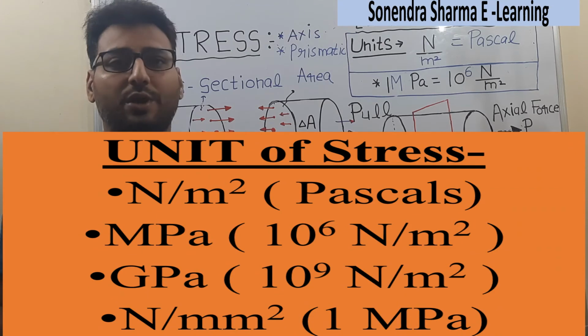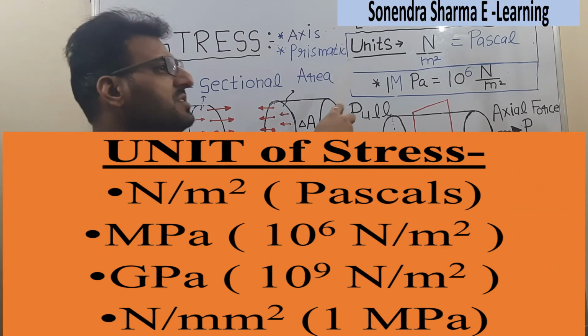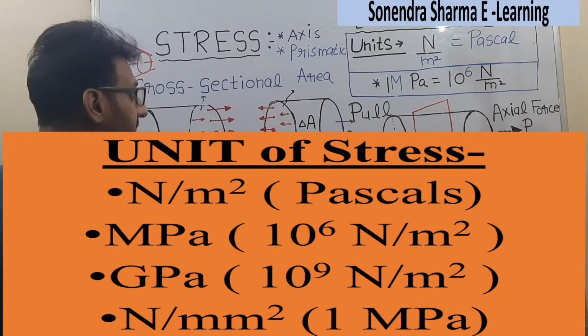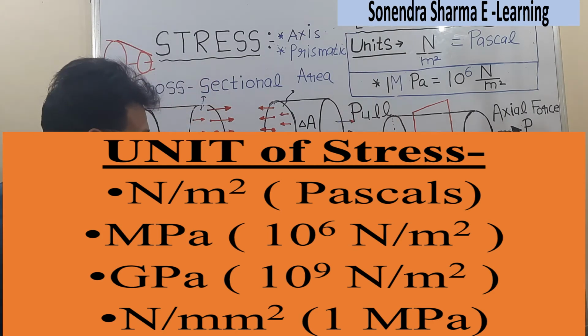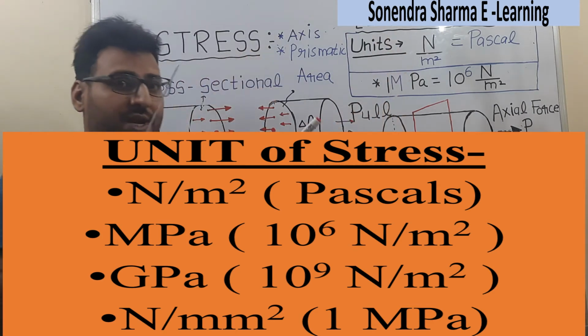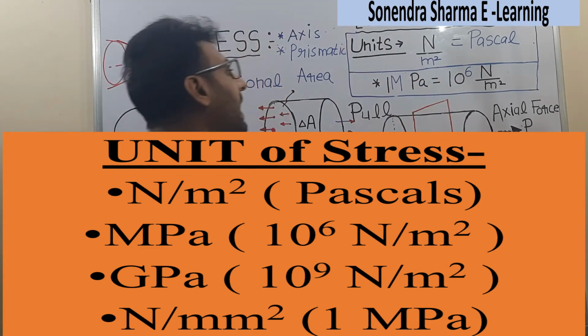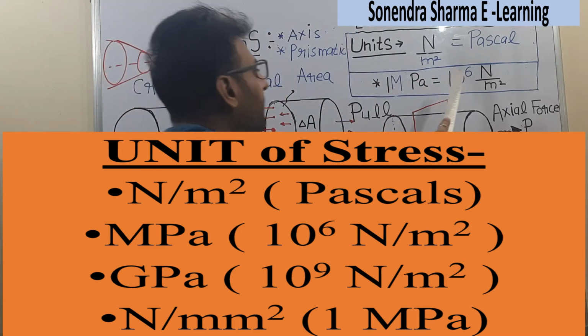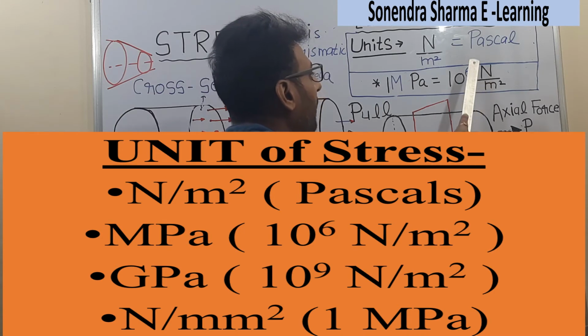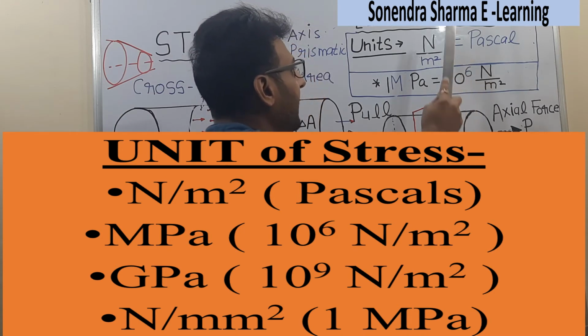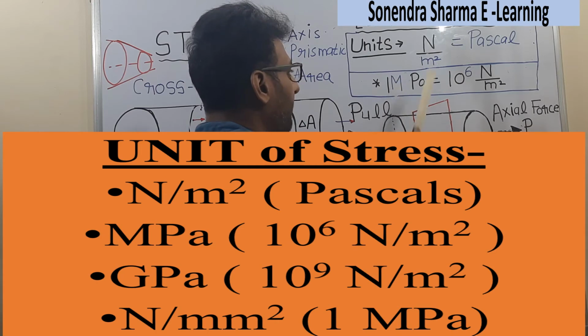Now what is the unit of stress? The unit of stress is very simple. The unit of force is Newton, the unit of cross sectional area is meter square. So the unit of stress is Newton per meter square, which is also known as Pascal. And the other unit is, when we multiply Newton per meter square with 10 to the power 6, then it is known as megapascal.